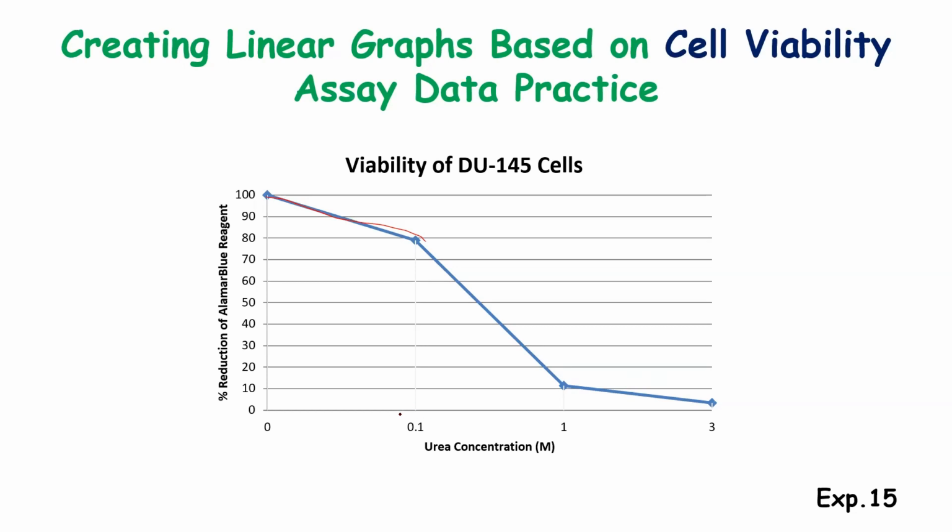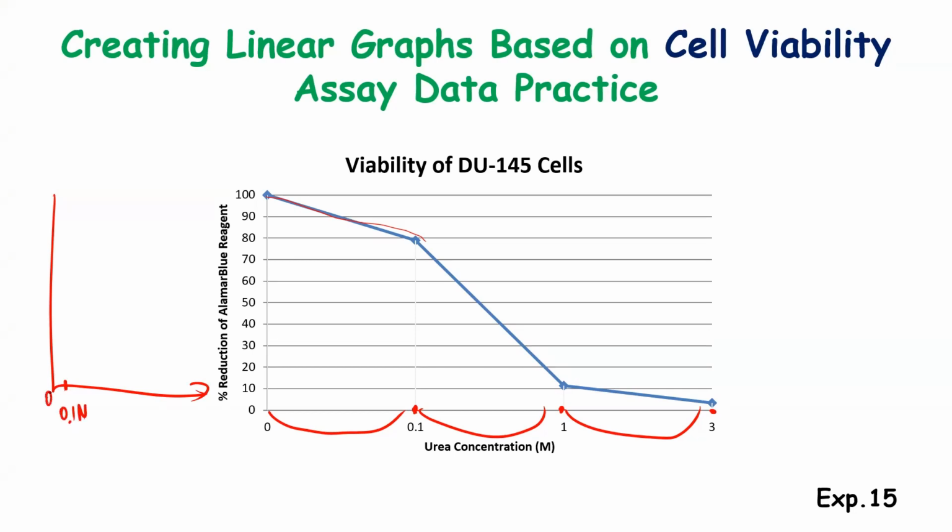Of course, it does not represent the real distribution of the values because you have the same distance between these two points, and in reality they are not the same, right? So this looks a bit like the logarithmic representation, but if you really do the proper graph here, you will need to draw 0.1 very close to 0 because it's closer to 0 than your 1 molar, and then 3 molars would be here.